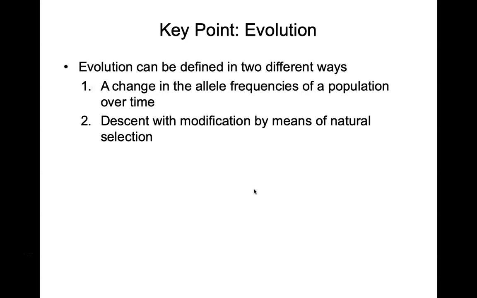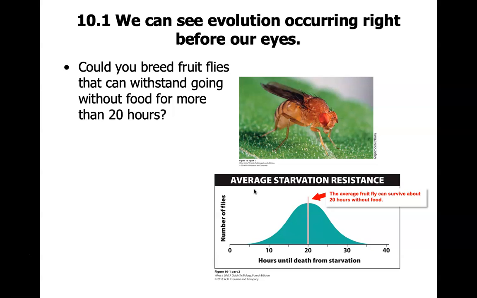Both of these definitions encompass the idea of natural selection, that certain traits enhance the survival of an organism and therefore will increase in the population. So in this chapter, we're going to talk about the ways that evolution and natural selection can occur.